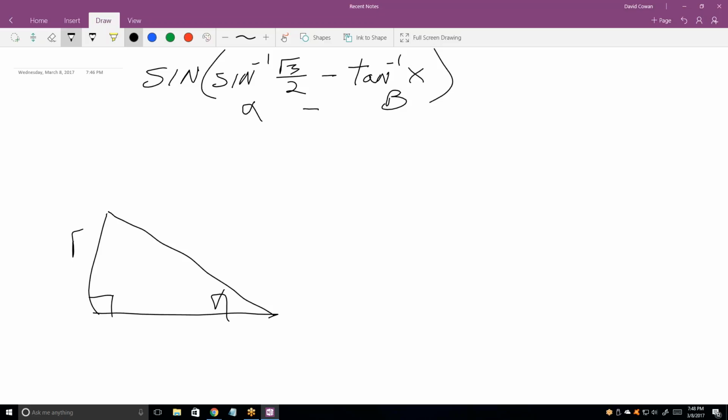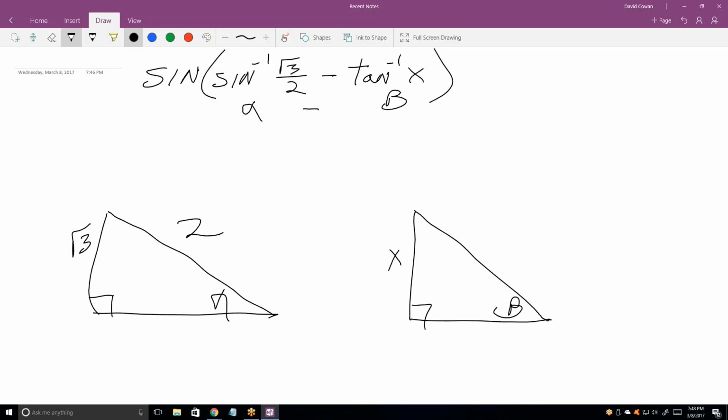Root 3 is on the far side, and then 2 is on the hypotenuse. Yeah, that's the opposite side. In other words, it's the side opposite alpha. Okay? And the other triangle? The other triangle, x is on the opposite side, and 1 is on the adjacent side.